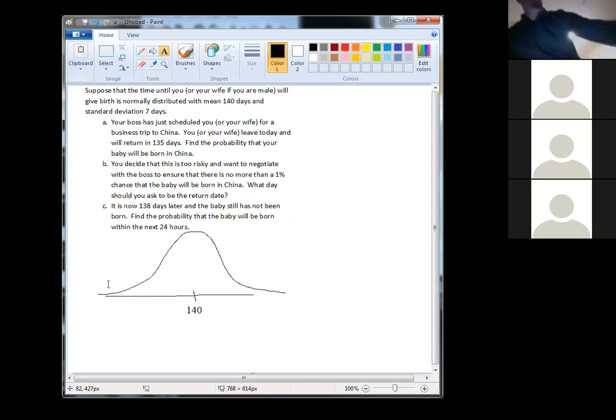That's kind of like tricking the calculator, because it's 20 standard deviations away. And remember, 3 standard deviations is as far as you need. So in particular, we're going to return in 135 days. The baby will be born in China if it happens before then. Any questions on that?